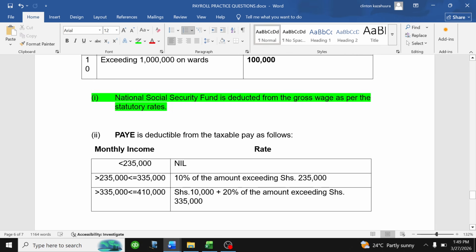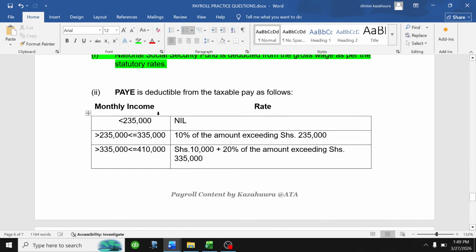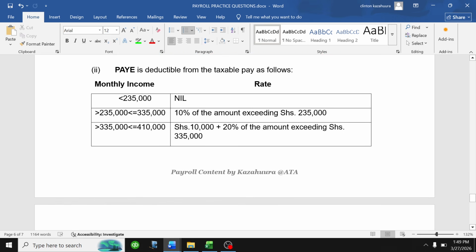The another one is NSSF. We also did that in the first video. I think I'm skipping it as well because it is 5% of the gross wage. That is the statutory rate, 5%. Then for pay as you earn, we also entered this formula. It has also not yet changed. We shall only do an update of this video when these rates change in Uganda. But these rates are still the same.